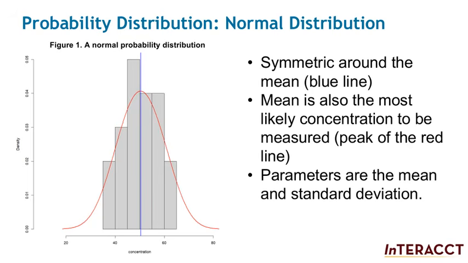The normal distribution is symmetric around the mean, which means there are equal numbers of observations on either side of the mean. The mean corresponds to the most likely value, indicated by the peak of the red line. It also corresponds to the median value. A normal distribution is defined by two parameters: the mean and the standard deviation.